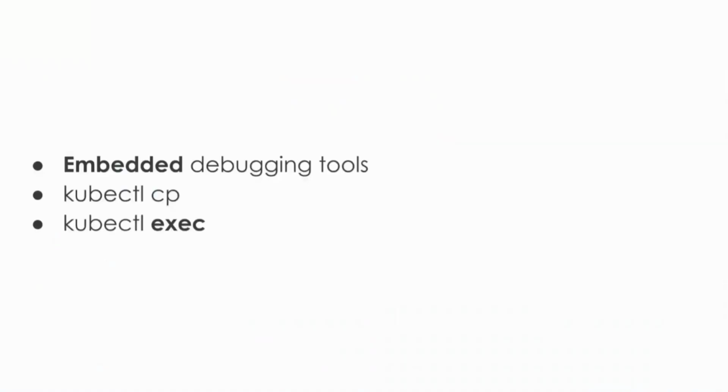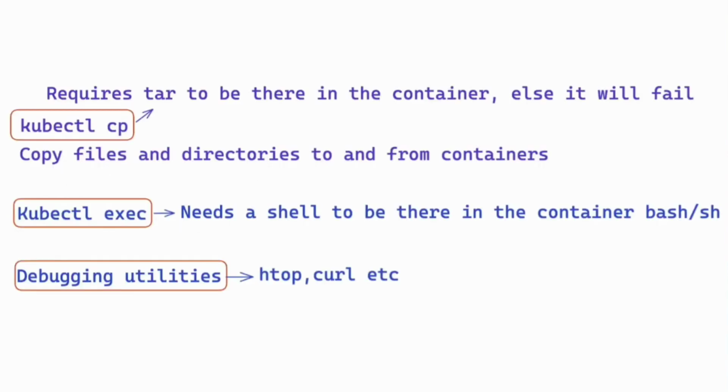So we cannot use the standard stuff, which is kubectl exec, cp, embedded debugging tools, because it's not there. So then it becomes difficult. kubectl cp requires tar to be there in the container, else it will fail. Exec needs a shell to be there, and debugging utilities like htop, curl, netstat, whatever you need, are not there. These are the standard ones.